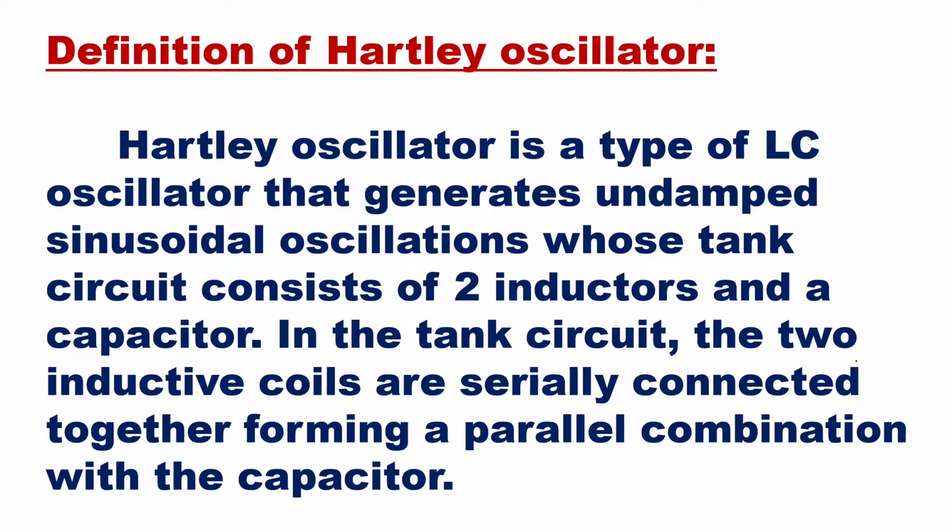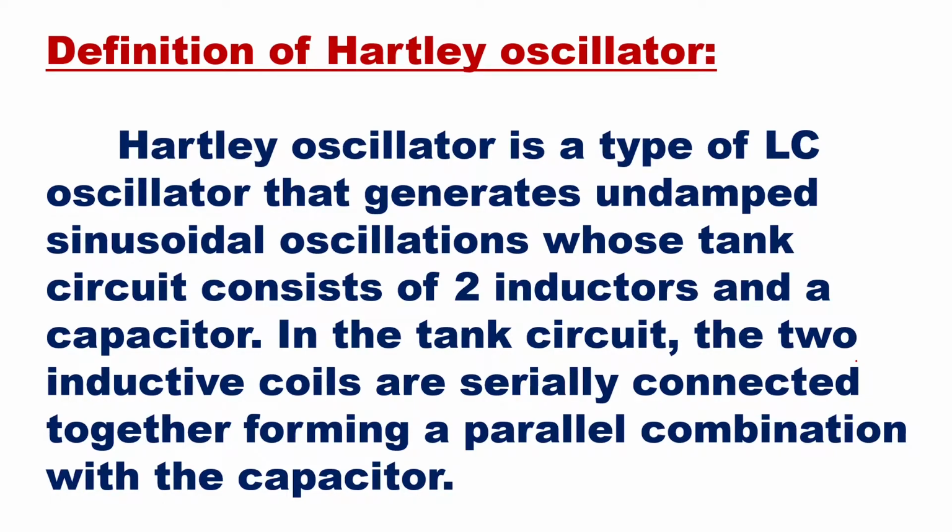So it is an LC oscillator that generates undamped sinusoidal oscillations, whose tank circuit of L and C gives you the oscillations, which is the feedback circuit. The tank circuit consists of two inductors and a capacitor. In the tank circuit, the two inductive coils are serially connected together, forming a parallel combination with the capacitor. This is the introduction to the Hartley oscillator.